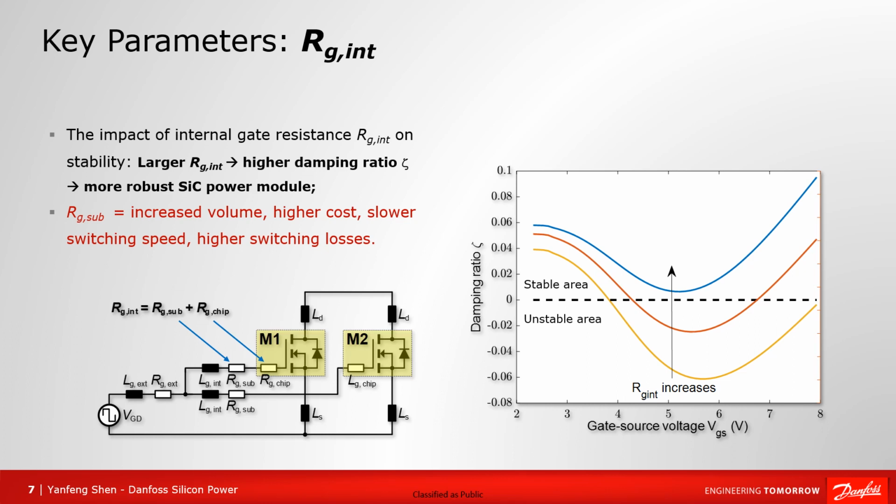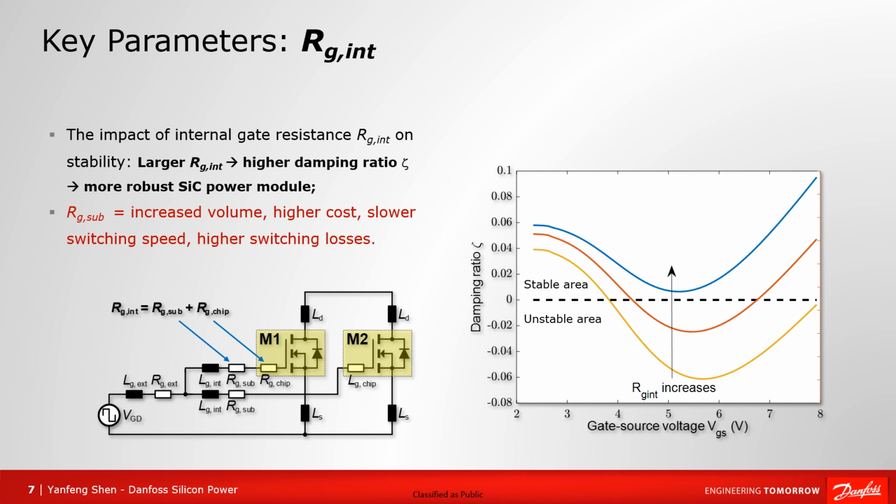The figure on the right-hand side shows the damping ratio curves versus the gate source voltage at different internal gate resistances. As can be seen, by increasing the internal gate resistance, we can lift the damping ratio curve from the unstable region to the stable region. Then the gate oscillation can be well damped.